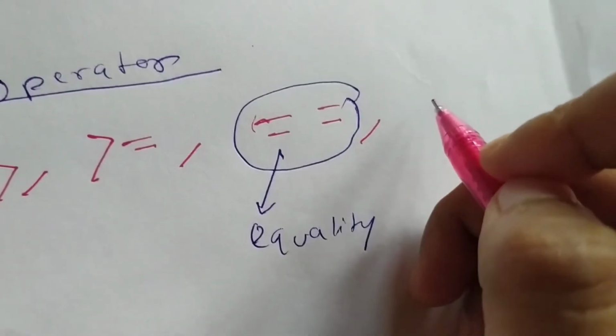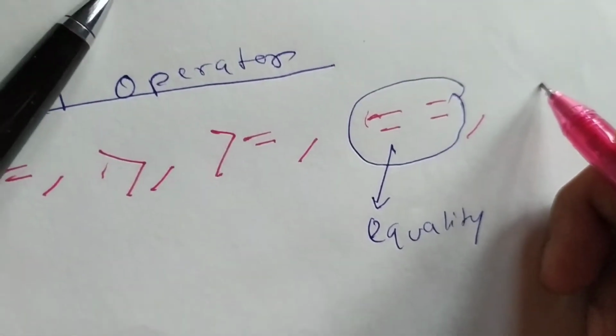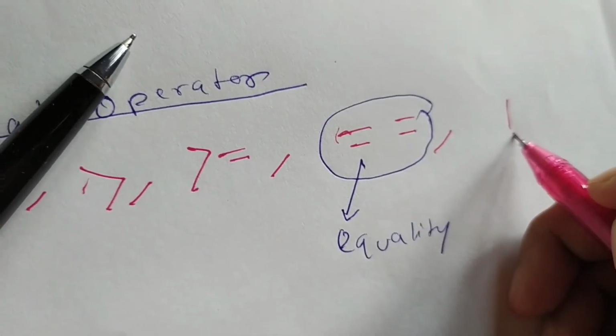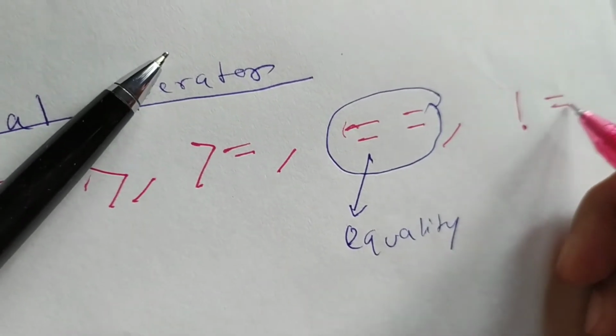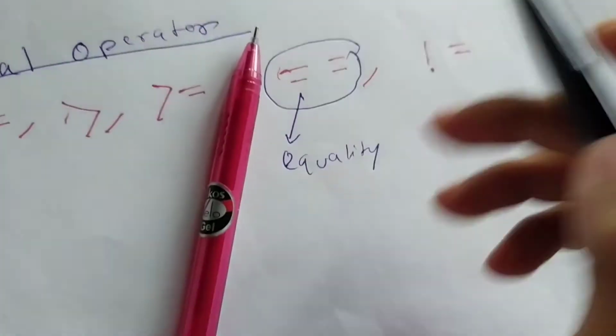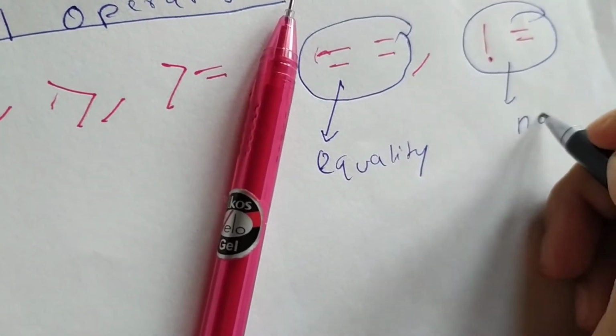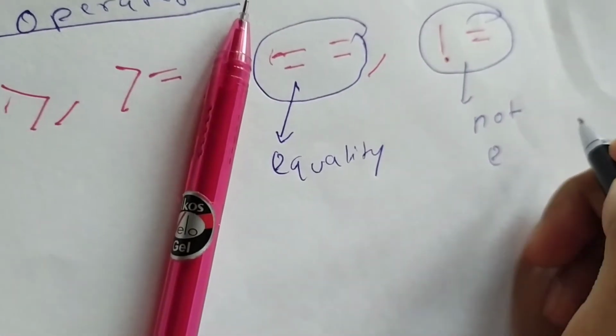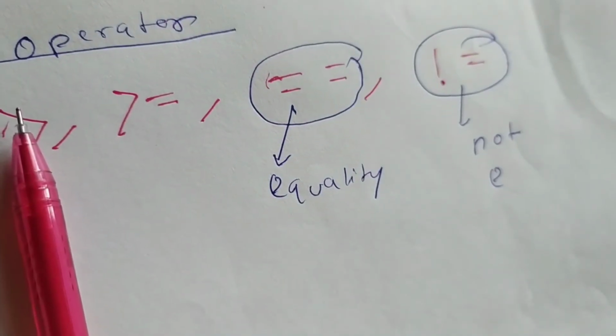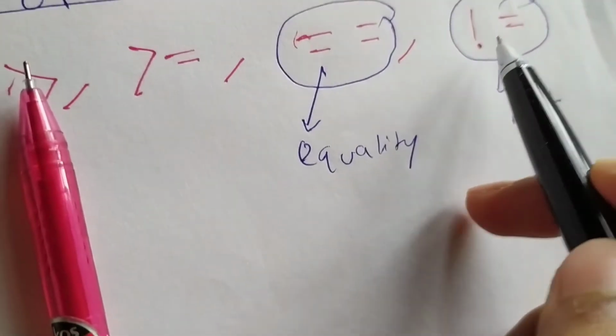In C language it is written as an exclamation sign along with equals. So this is the not equality operator. That means if we want to designate two values that are not equal, then we will put this not equality operator between them.